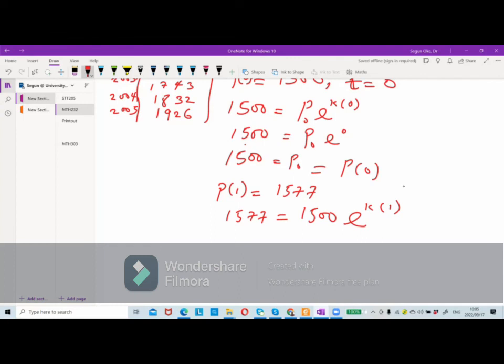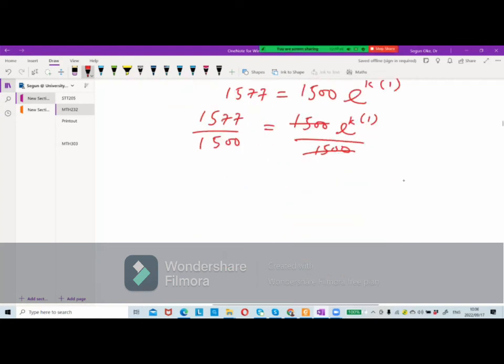So I can take this one to the other side. How do I do that? Divide through by 1,500. 1,577 divided by 1,500 equals 1,500 exponential k of 1 divided by 1,500. So this goes with this. If you do this very well, you have 1.0513 equals exponential k.